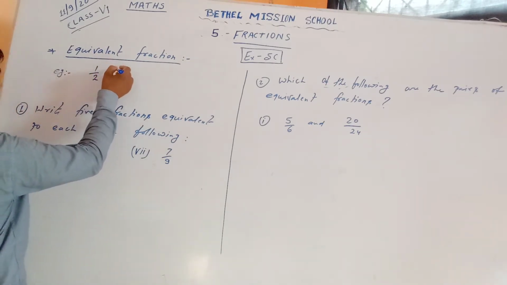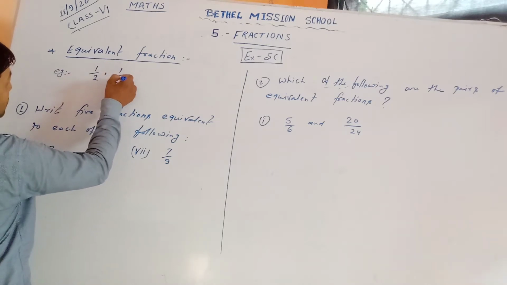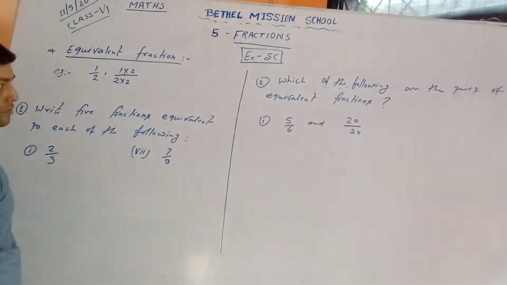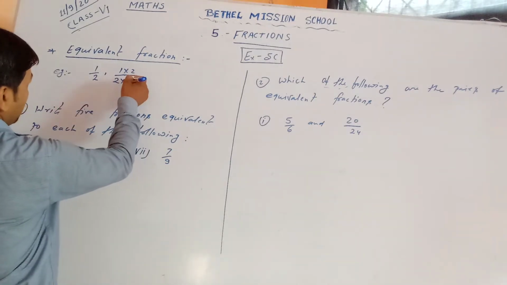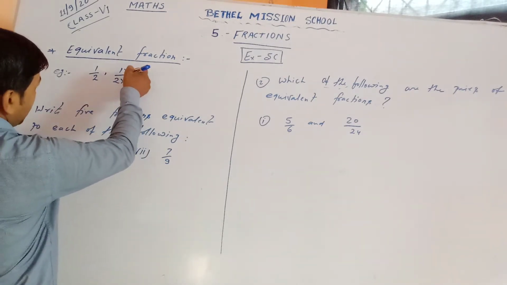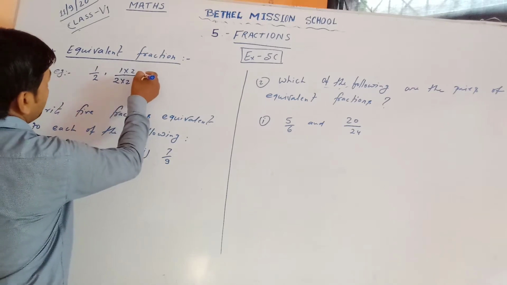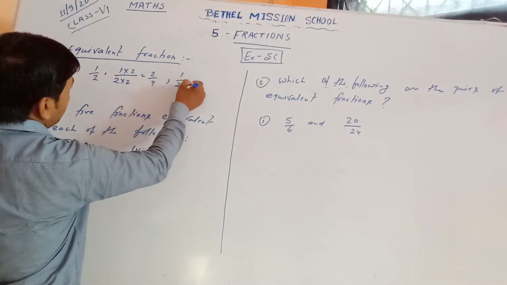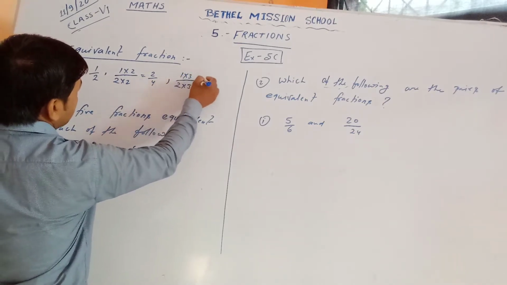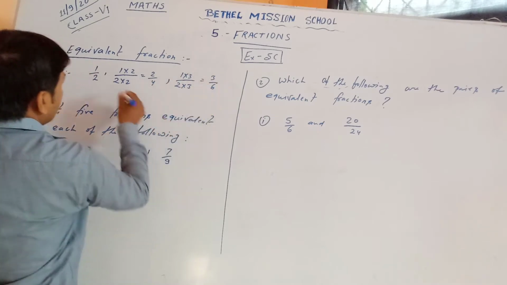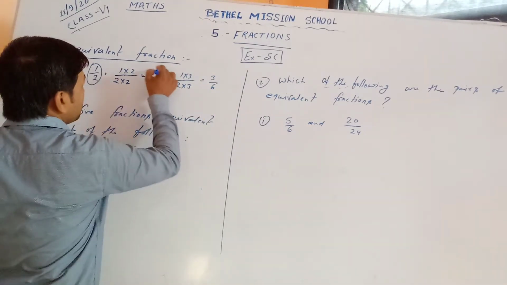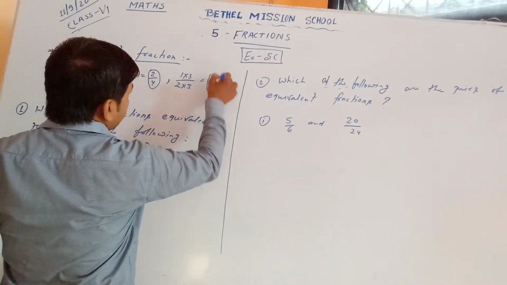If we multiply 1/2 by 2 in the numerator and denominator, we get 2/4. 1/2 multiplied by 3 becomes 3/6.